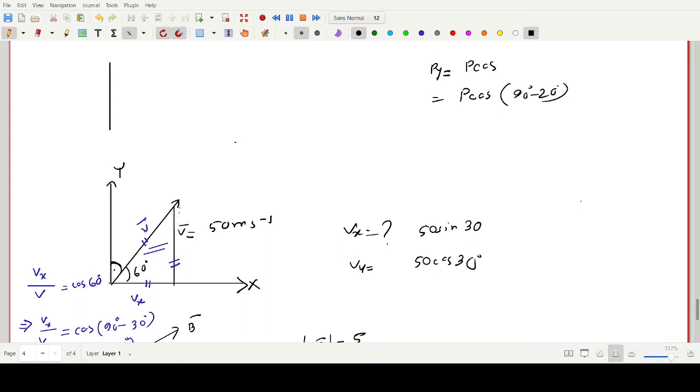Okay, so let's say this is the YZ plane. So this is the Z axis and this is the Y axis. The angle between Z and R is phi. Now what is theta?